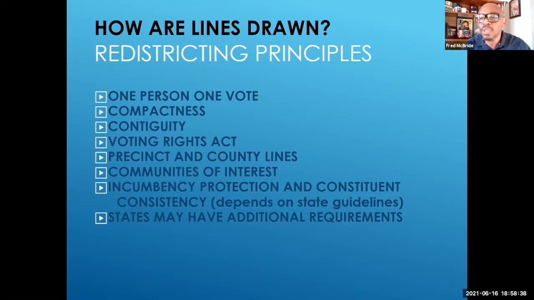You already know what communities of interest are. They are groups of people that live in a similar geographic area and share something. And together, if they're in the same district, they can have a meaningful effect on the lawmaker and the policy.